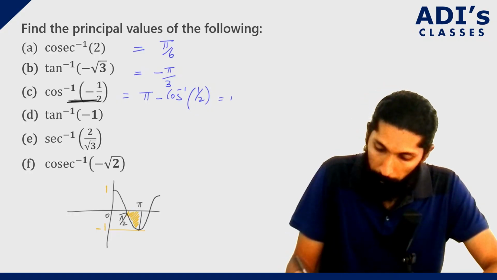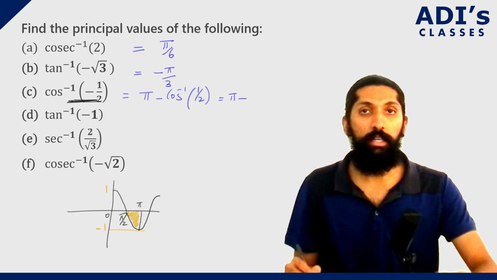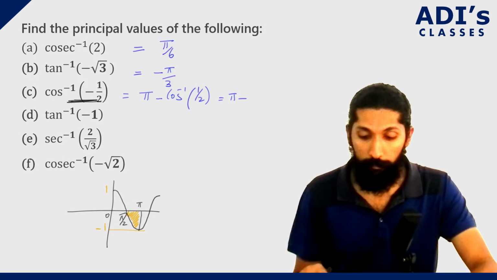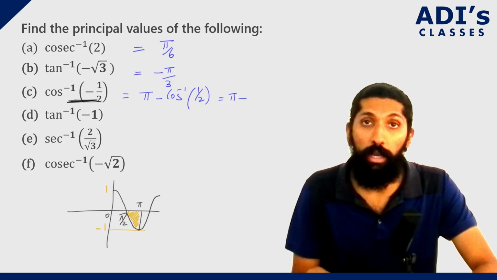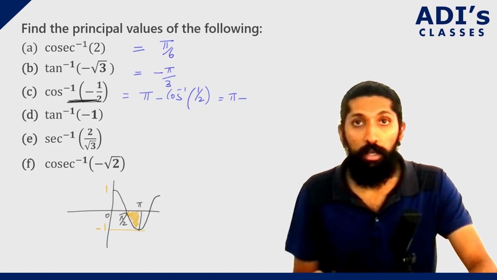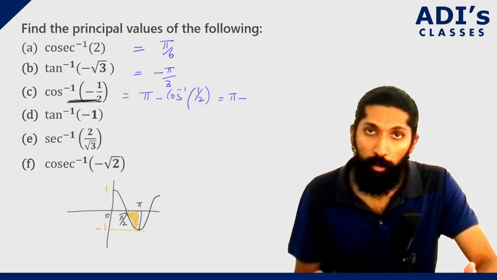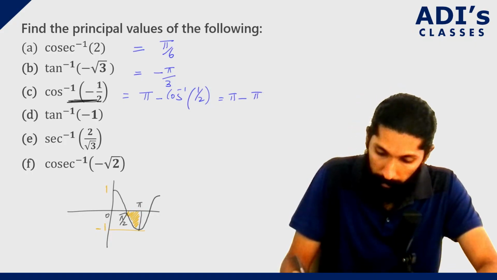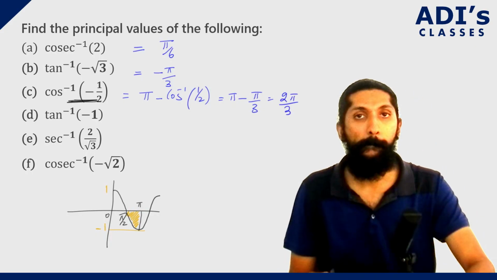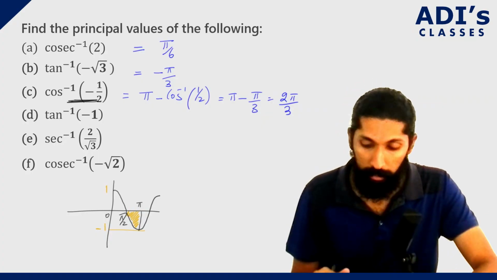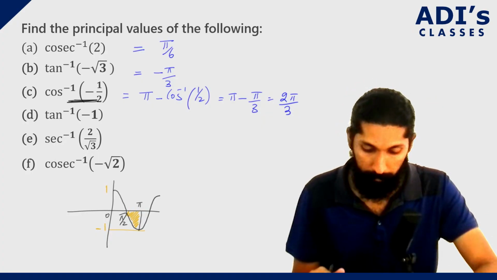Again, recall, for what value of theta is cos theta half? It is 60 degrees, cos 60, or in terms of radian, it is pi by 3. So pi minus pi by 3 is equal to 2 pi by 3. Did you all understand? So cos inverse of negative half becomes 2 pi by 3.